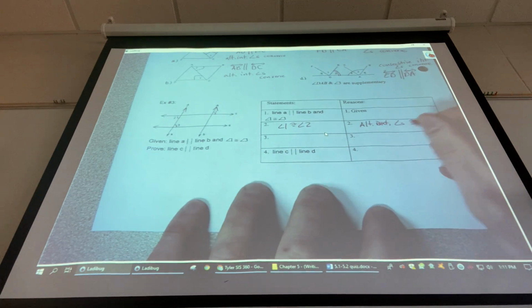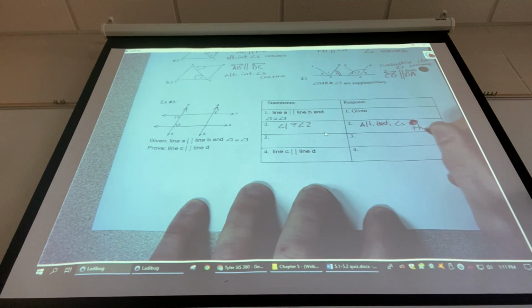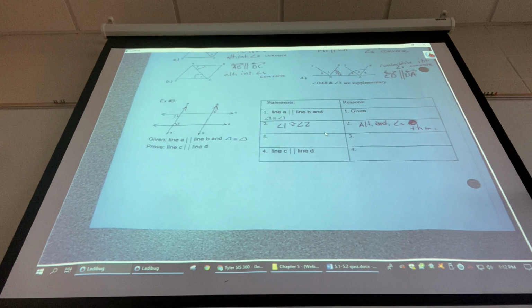There we go, that sounds a little better, doesn't it? Alternate exterior angles theorem. Does it have to be theorem? Yeah, because in the thing, it just says consecutive interior angles. I don't count off for that, but it is a theorem, yeah. It turns out the postulates are only the corresponding angles ones.